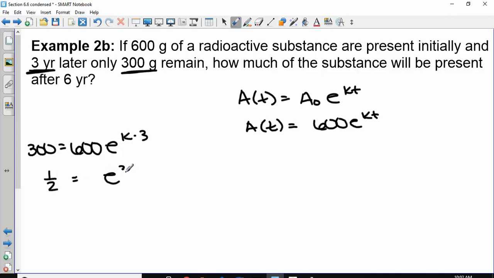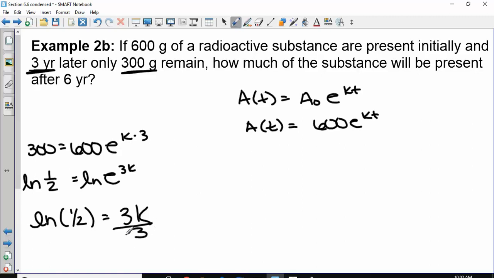So divide by 600. Add our natural log. We know a natural log and an e cancel. So then to get k by itself, we just divide by 3.